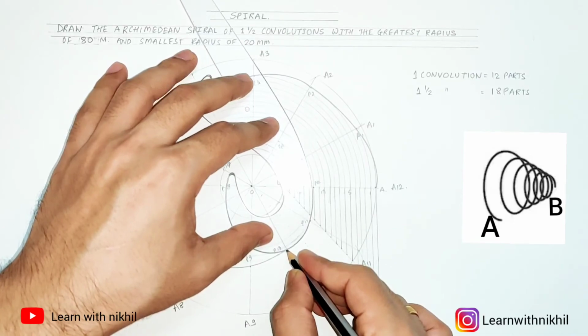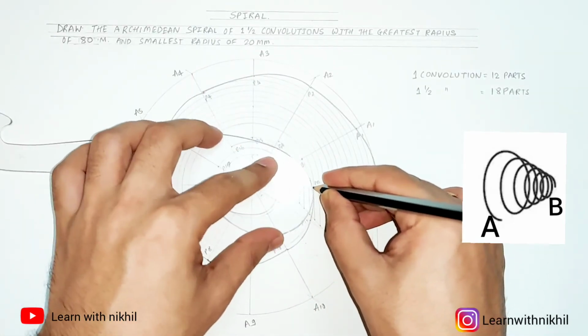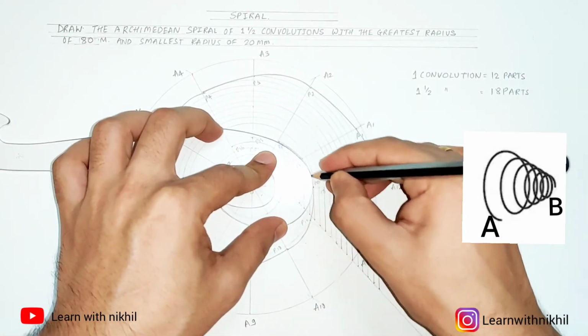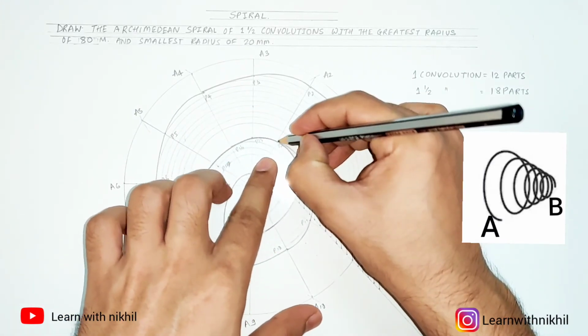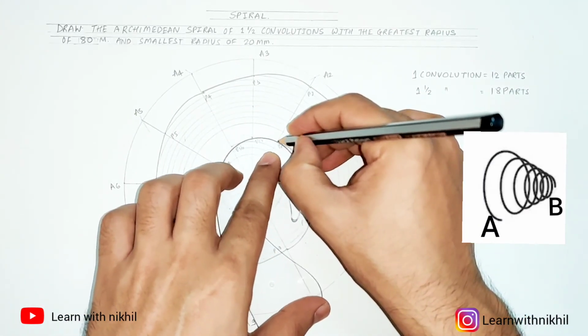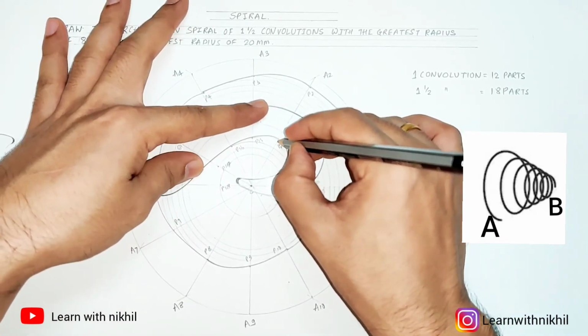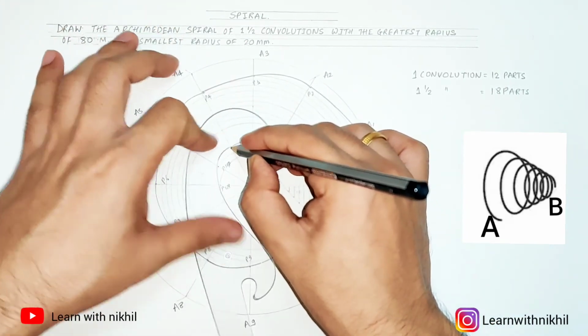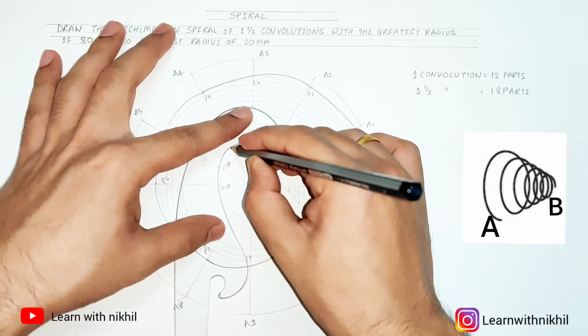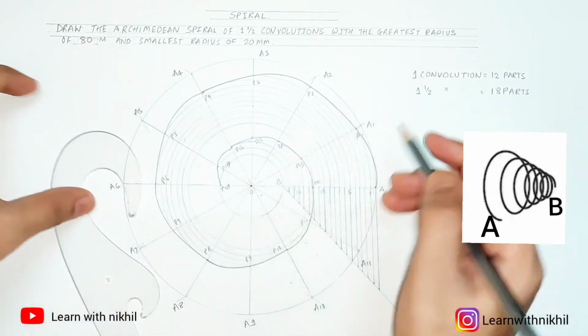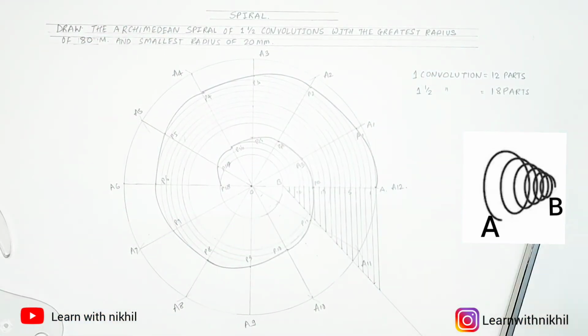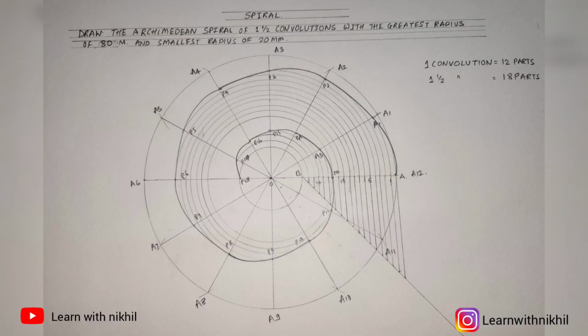Now till this line we have reached 1 convolution. Now extending further to the half convolution. Now till here we have reached 1.5 convolutions. This is the shape of a spiral which we have drawn.